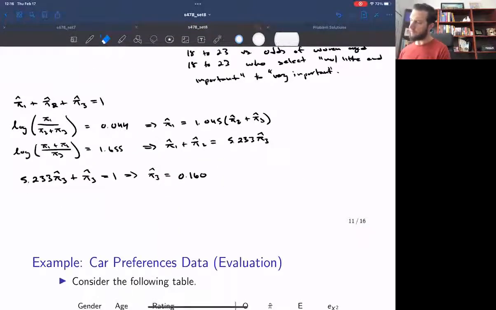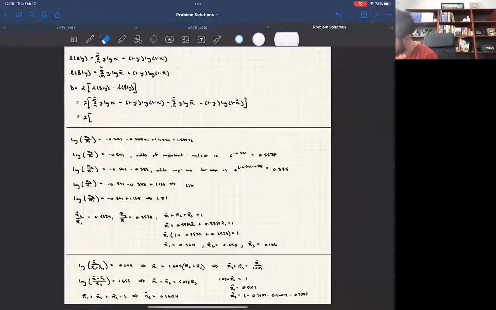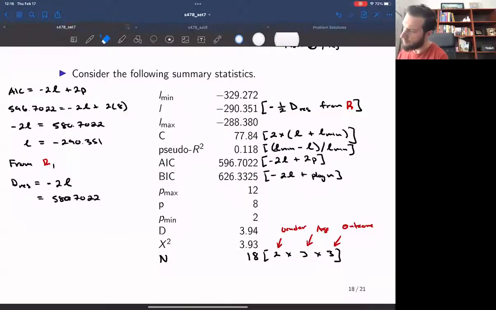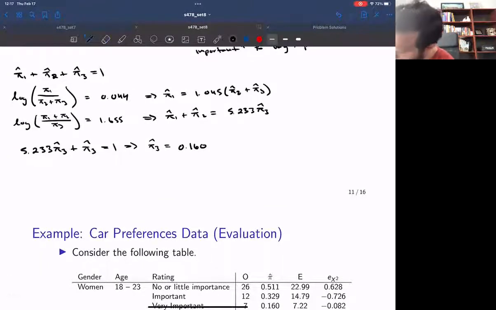What we could also say is we can write pi hat 2 plus pi hat 3 as pi hat 1 over 1.045.